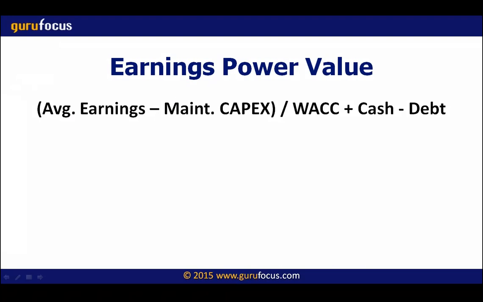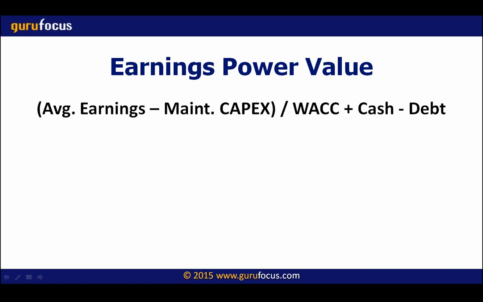Basically, what does it cost this company to run? So the reason they separate maintenance CapEx is they want to see what it's going to cost to service this company, right? If we're looking at a printing company, what does it cost to service, maintain the printers, keep the lights on, that kind of thing?